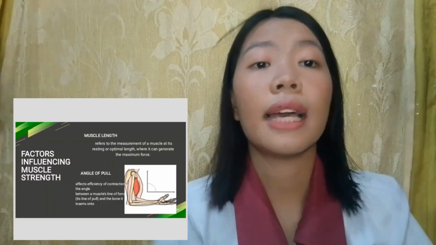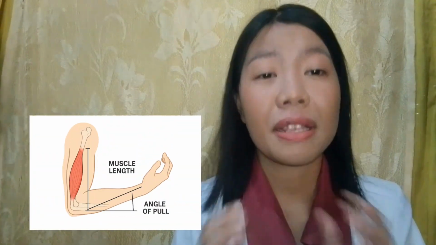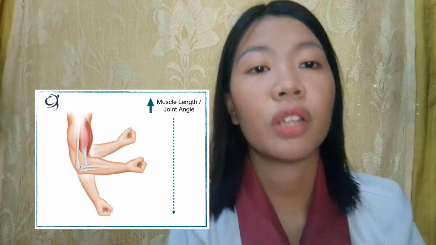The fourth slide shows two more factors that affect muscle strength, muscle length and angle of pull. Muscle length refers to how stretched or shortened a muscle is. It produces the most force at its optimal length, not too stretched or too tight.